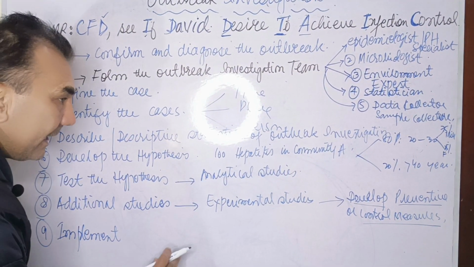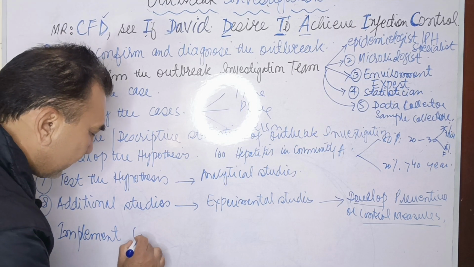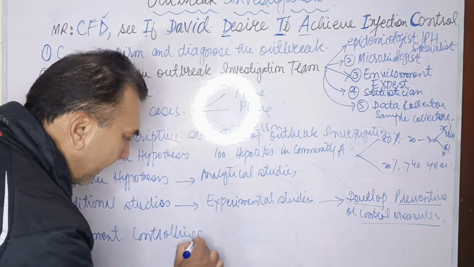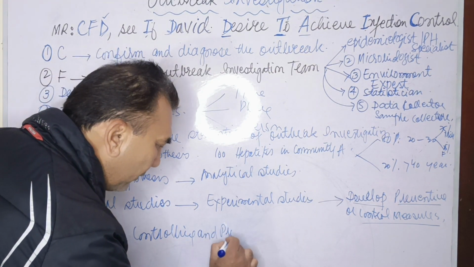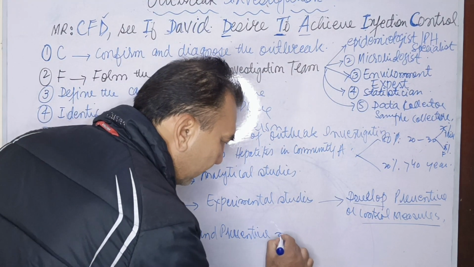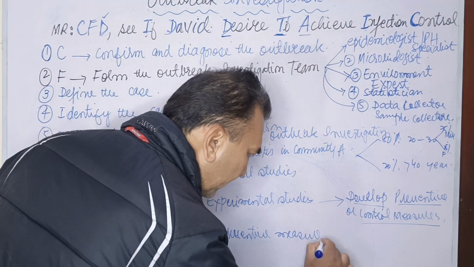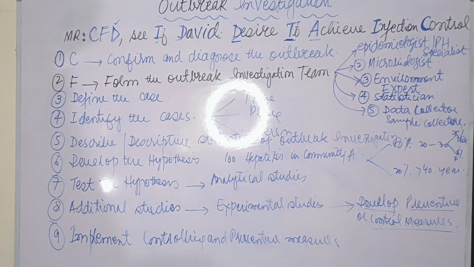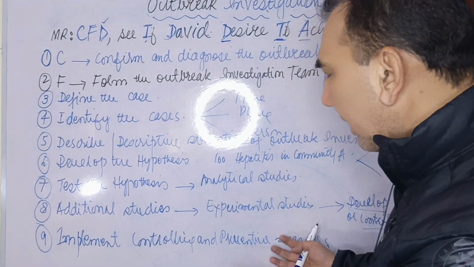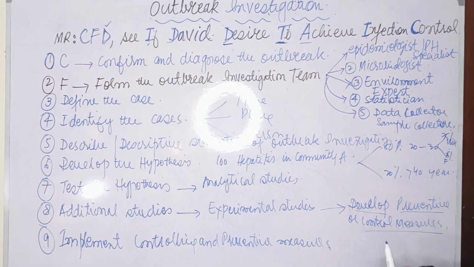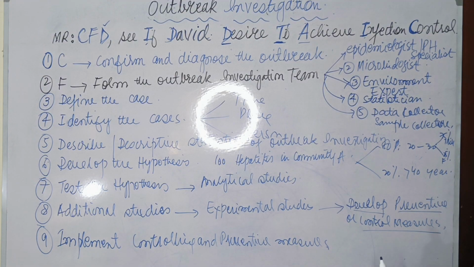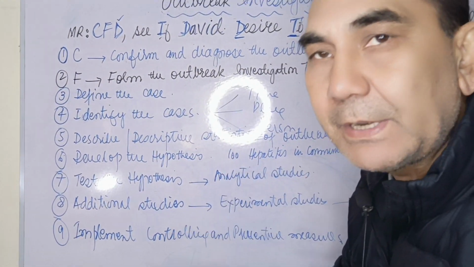When you apply or implement the controlling and preventive measures, definitely when you come up with any controlling or preventive measure by the experimental study design, you will implement it.